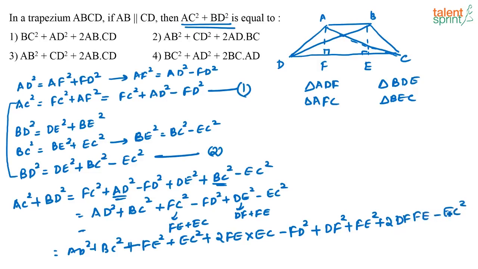Now here a lot of your terms will get cancelled, right? So you have plus EC squared minus EC squared. Then here you have FE squared, and one more FE squared is there, no?